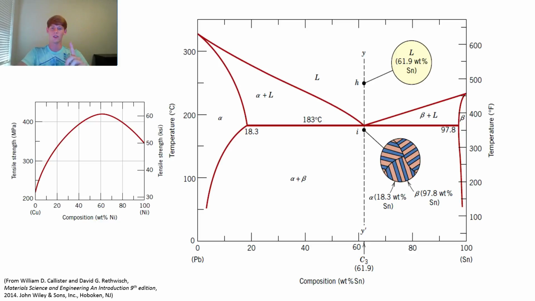The reason why this is important is that if you were to look on the left at a tensile strength versus composition graph, it's different components, but it's still the same idea. This point right under it is where you'll find the greatest tensile strength for materials of this composition. So it's really useful to know where the eutectic point is for real world application. Right there.